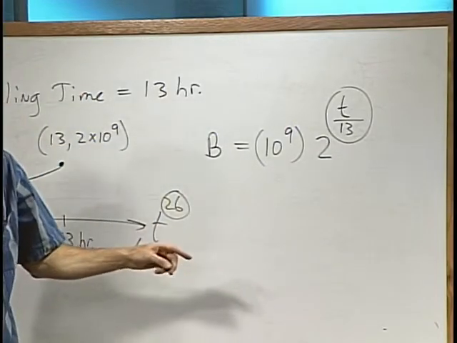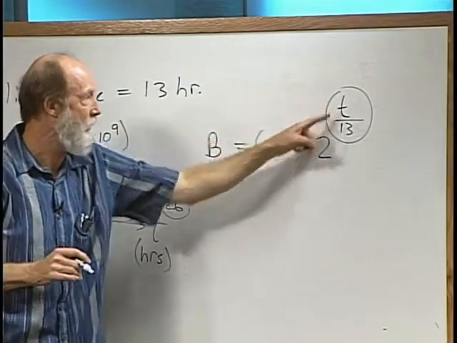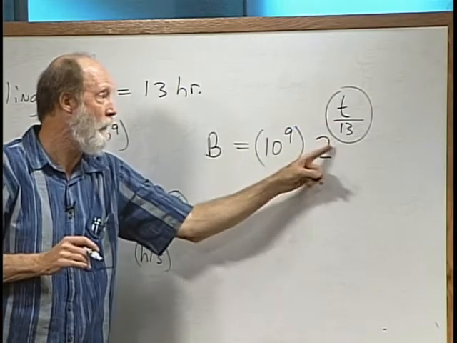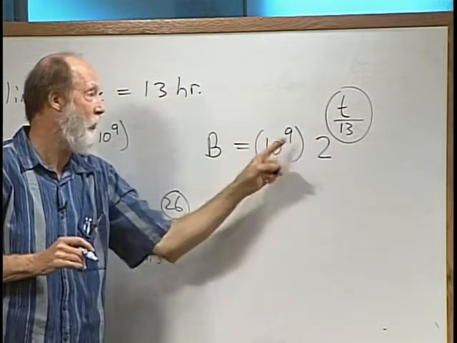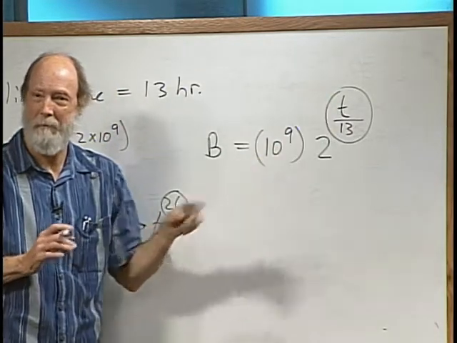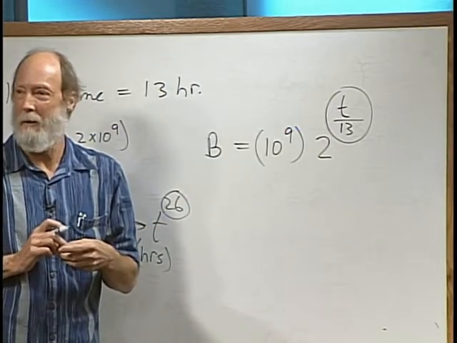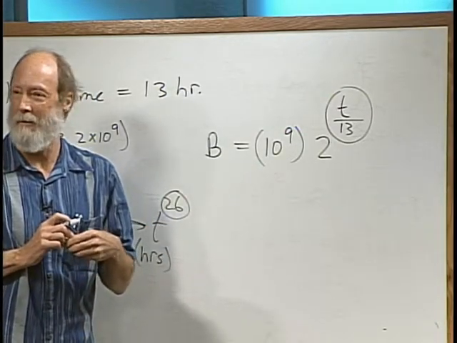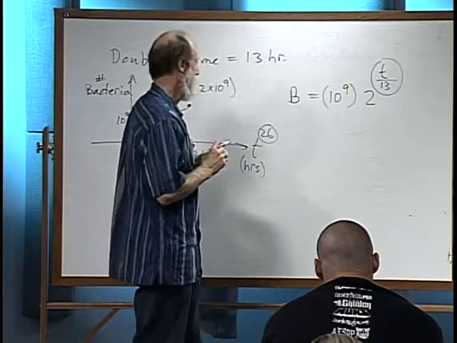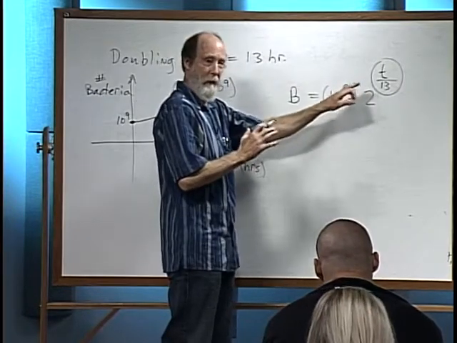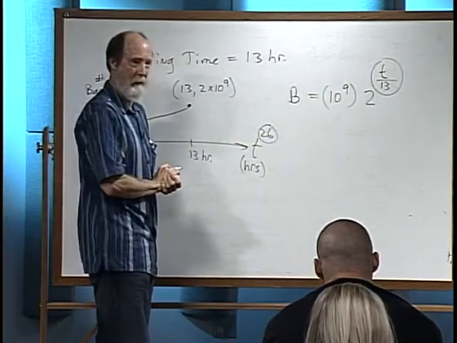Follow that? If I put a 13 in there, I can force this exponent to become a 1 using a base of 2, and that's going to show my doubling time. Like that? Okay. This is one way of doing this if you had a piece of information about doubling time.